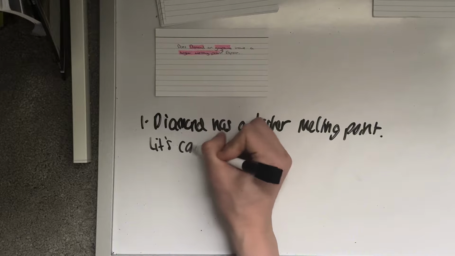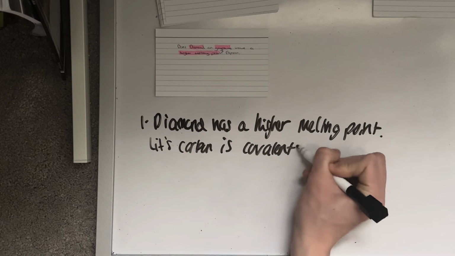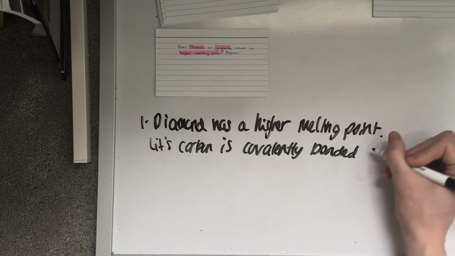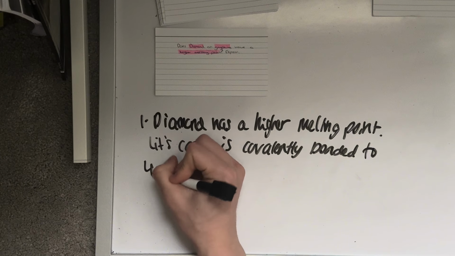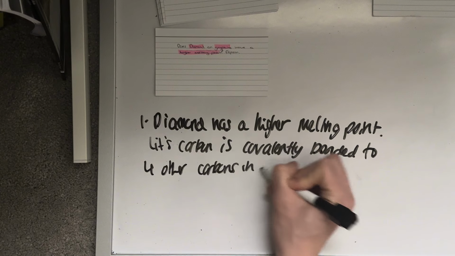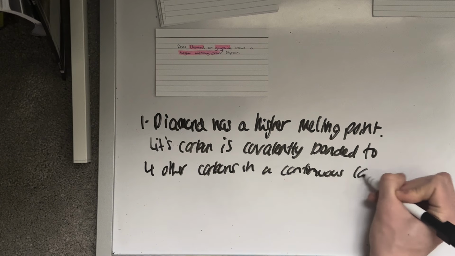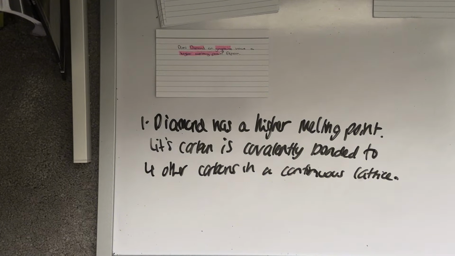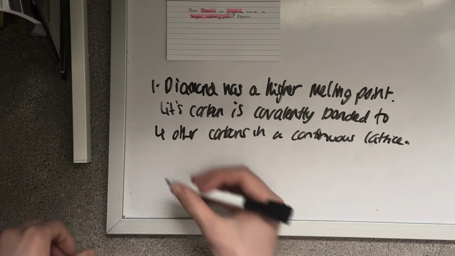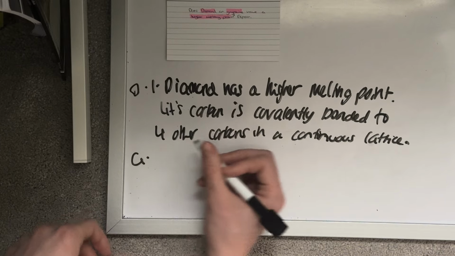Its carbon is covalently bonded to 4 other carbons in a continuous lattice. But you can't just say one side of the argument, you have to say both. So next, that was about diamond, and I want to say about graphite.